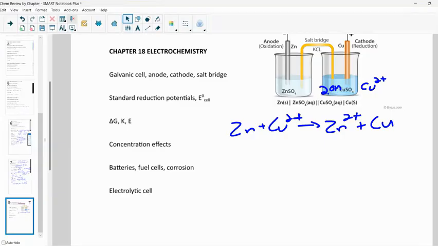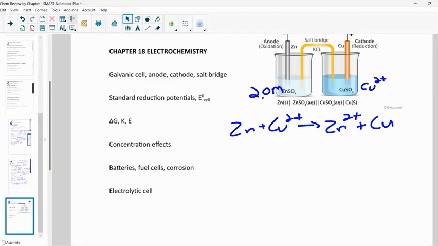If I did the same thing to my zinc, now I've increased this. Now my product side is too heavy. It's going to slow down the forward reaction, and I'm going to end up decreasing my overall cell voltage. That's the effect of concentration on those values.